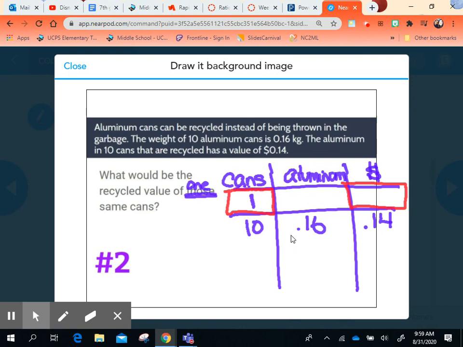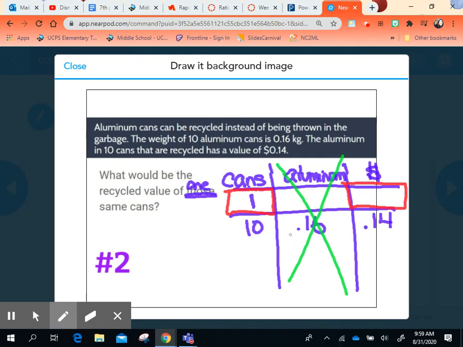Okay, let's go ahead and look up here. Let's treat this as if it was a 2-column table. We're going to pretend this isn't here. If the column in the middle wasn't there, we would do the same thing as if it was 2 columns.